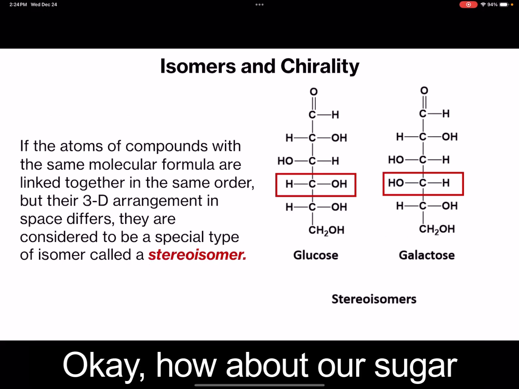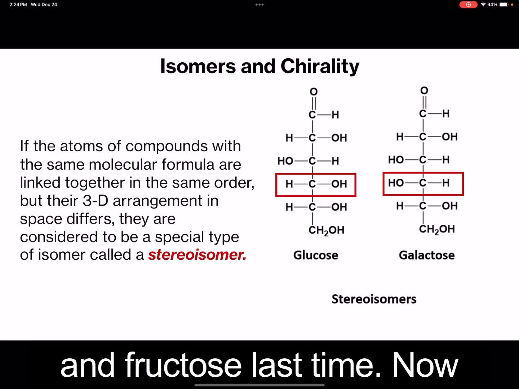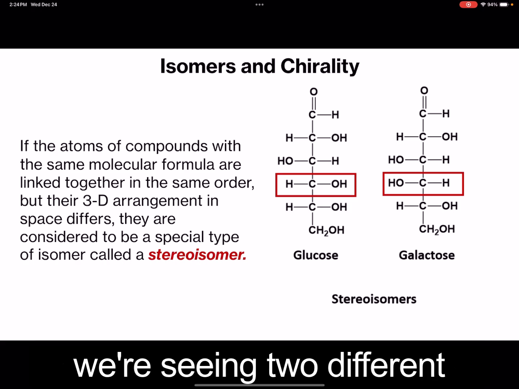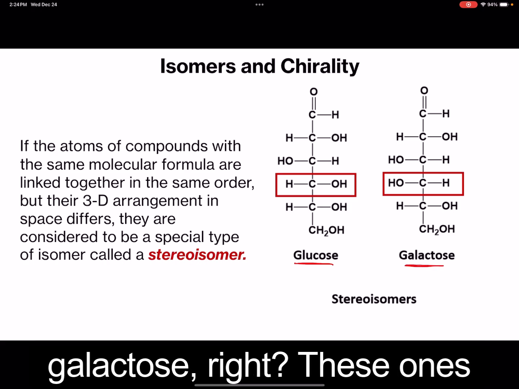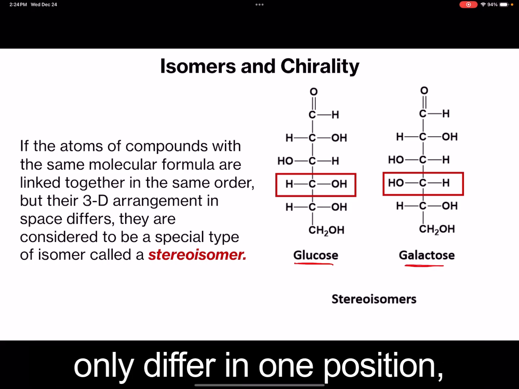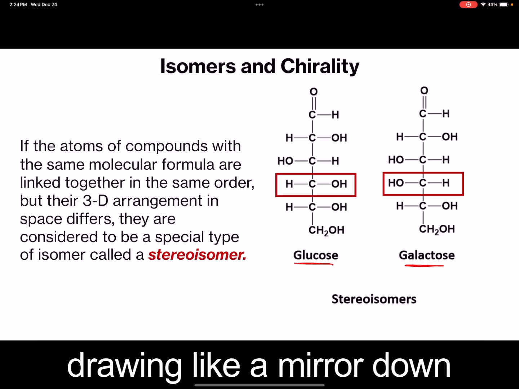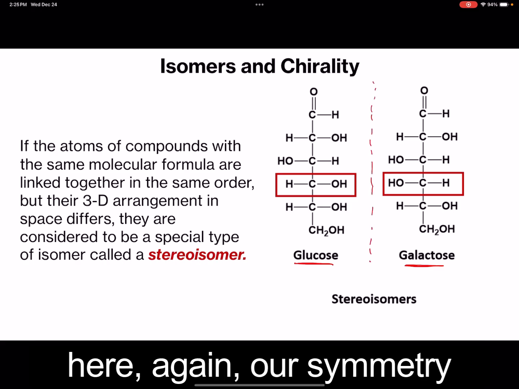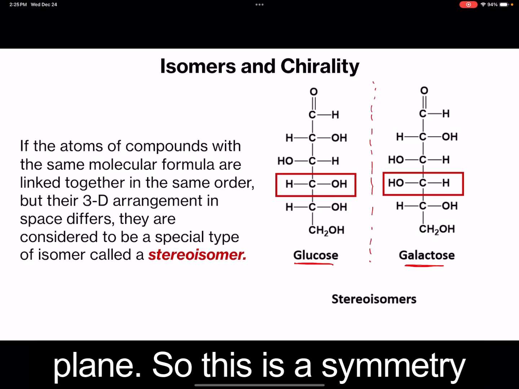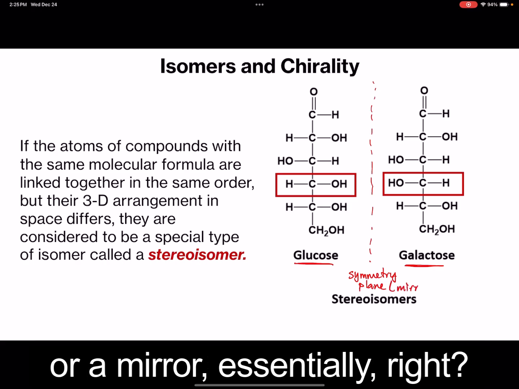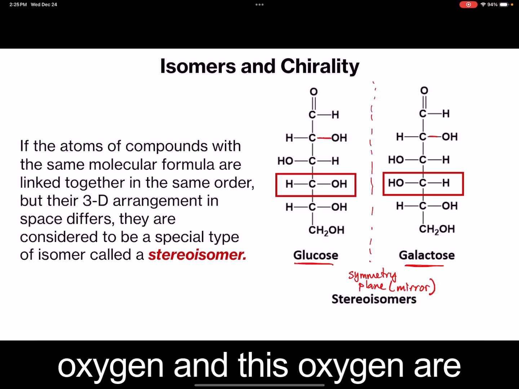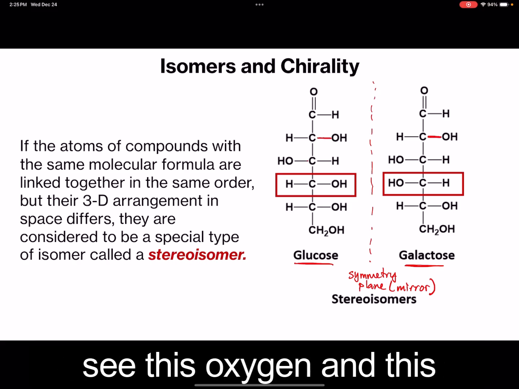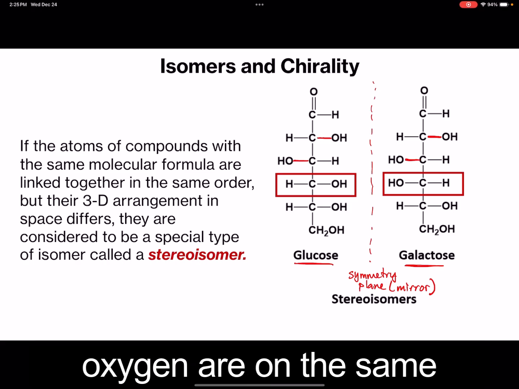Okay, how about our sugar molecules? We saw glucose and fructose last time. Now we're seeing 2 different sugars, glucose and galactose. These only differ in one position. If we draw a mirror down here, a symmetry plane, we can see that this oxygen and this oxygen are on the same side, and this oxygen and this oxygen are on the same side.